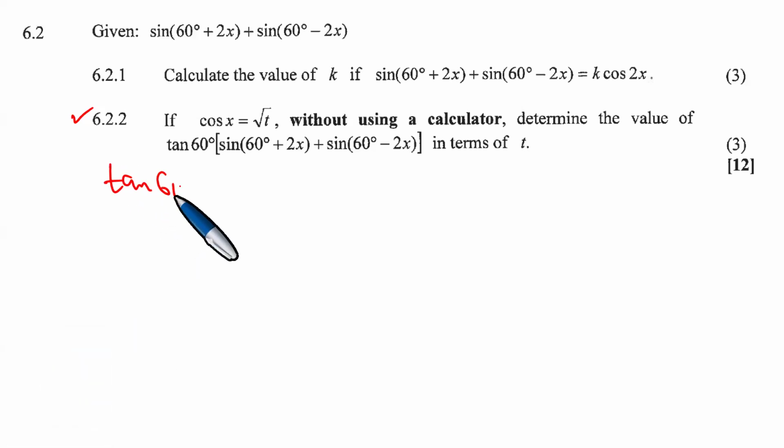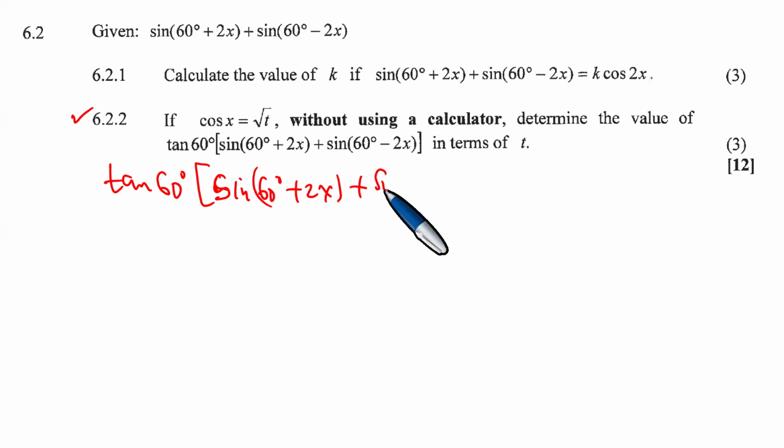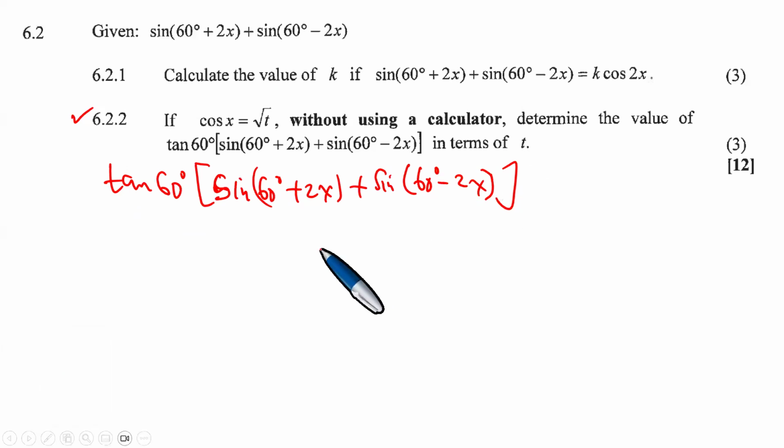It is actually the tangent of 60 degrees, and you have the sine of 60 degrees plus 2x plus the sine of 60 degrees minus 2x, like so. Then what do we do next?